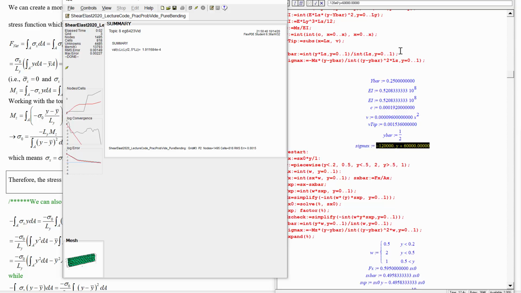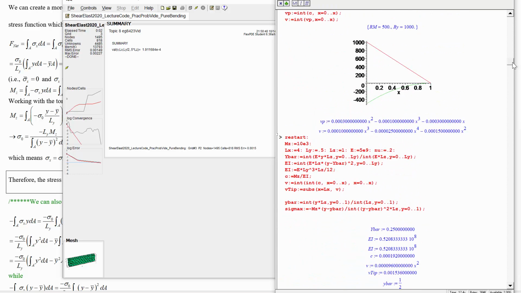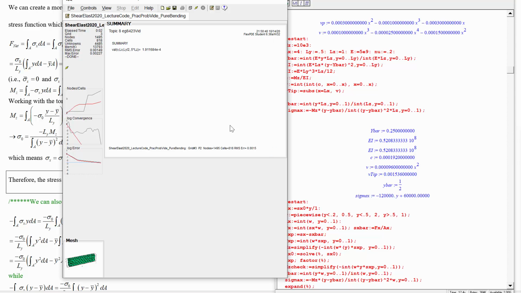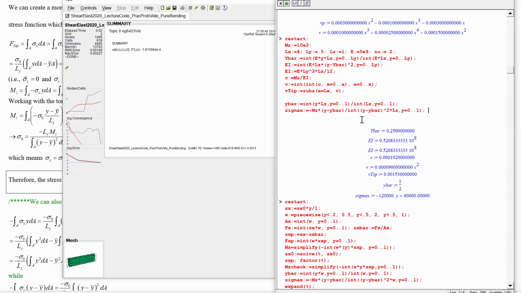So let's debug and see what could be causing this. It's not clear right at the start whether we have something incorrect in Maple or in Flex. So this moment that we're applying, we said y goes 0 to 1 in there. Is that still the bound? No, it's not actually. This should really have been Ly there, and same thing for this.